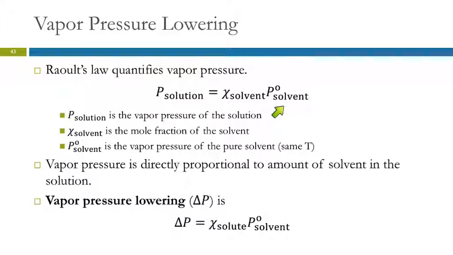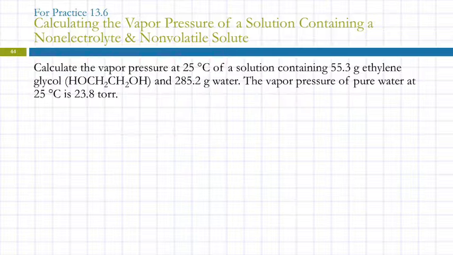And this vapor pressure needs to be at the same temperature that you're looking at. So the vapor pressure is directly proportional to how much solvent is in the solution. And we can measure vapor pressure lowering, delta P, as being chi solute times the vapor pressure of the pure solvent. And if you're interested in how they got from here to there, I'd be happy to show you later. So we can do a problem like this.